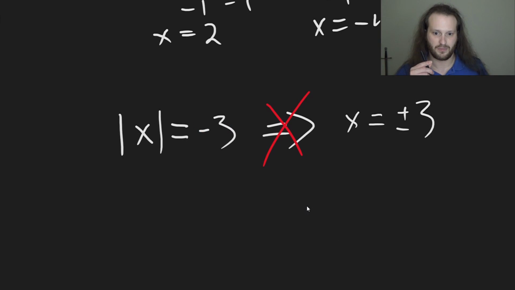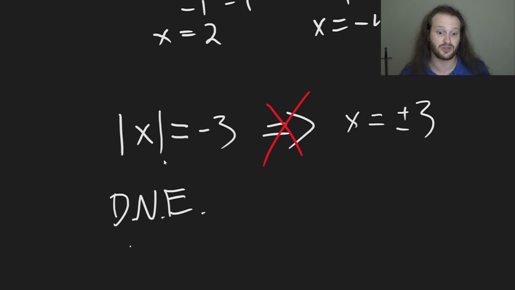This question doesn't have an answer because it's not a good question. It's a question that defies the definition of the thing that it's asking. So what we'll say is that the answer does not exist. That there's no solution.